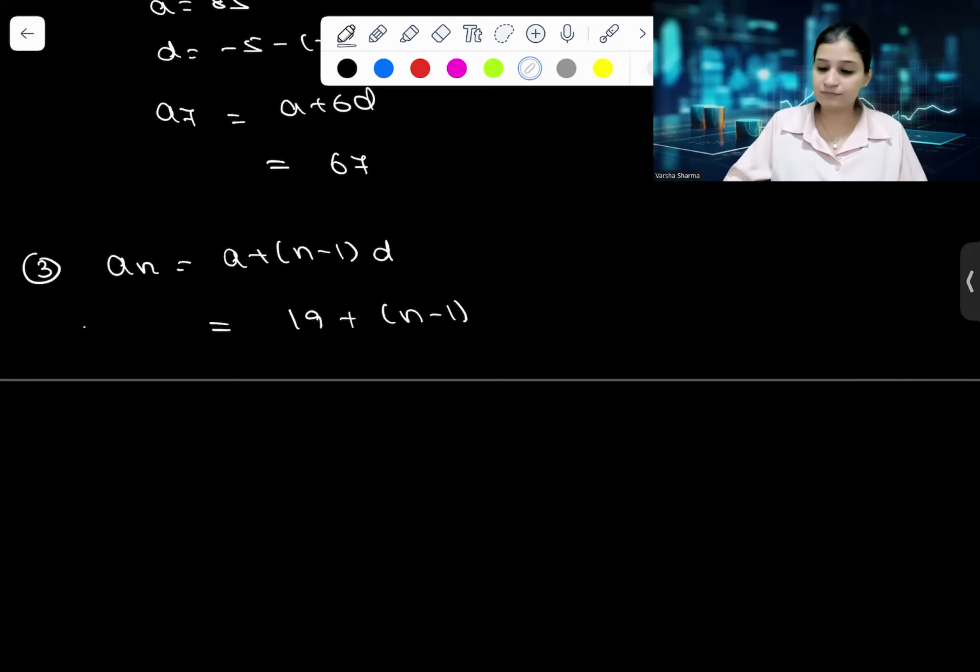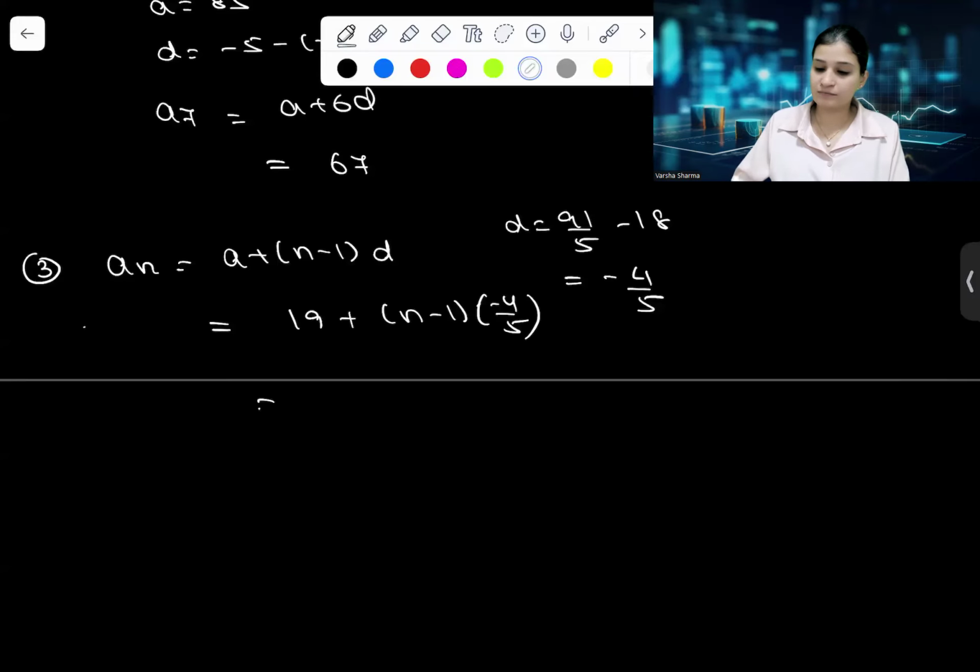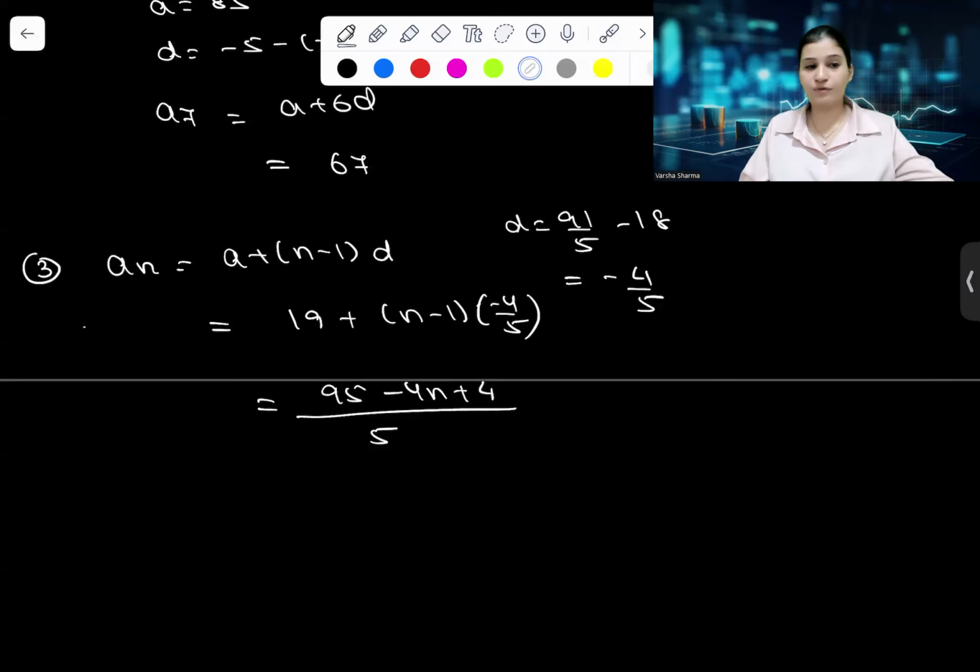What is D here? D is 91 by 5 minus 19. How much? Minus 4 by 5. LCM.